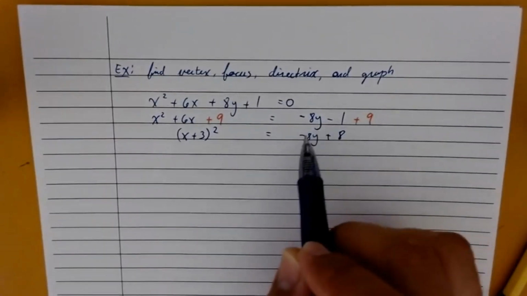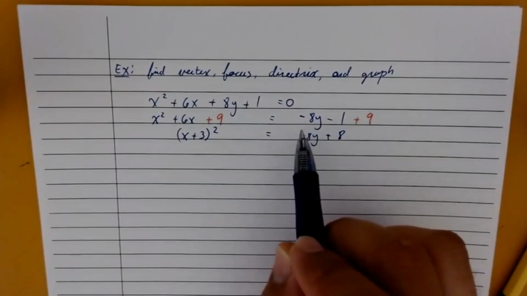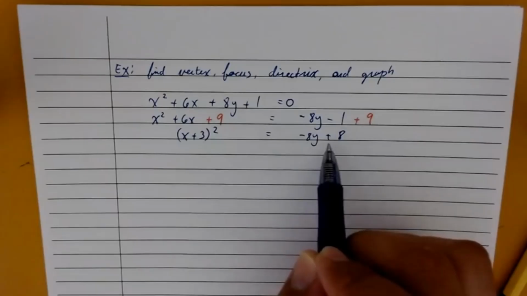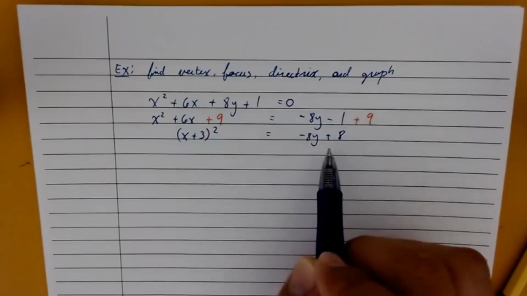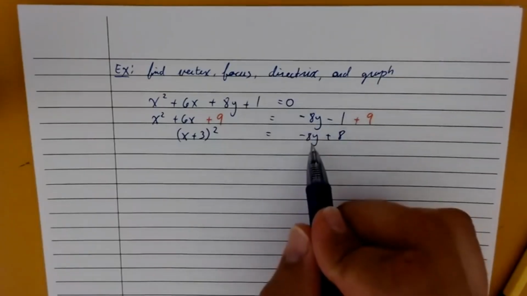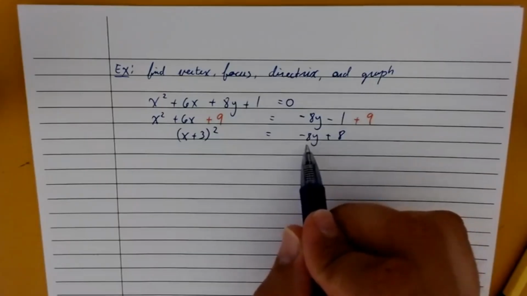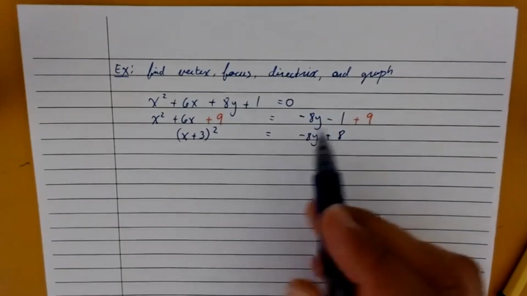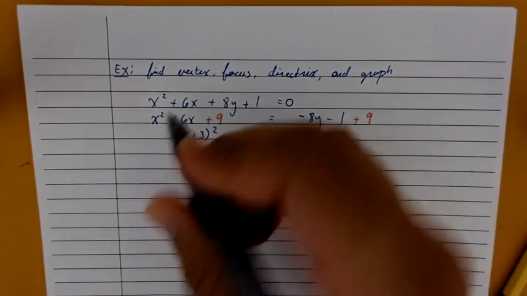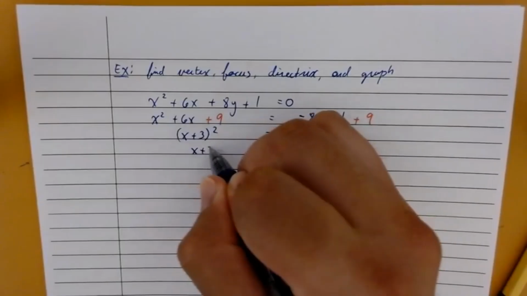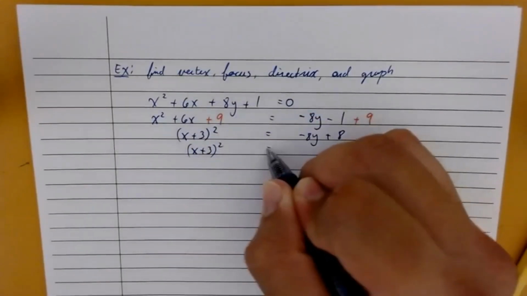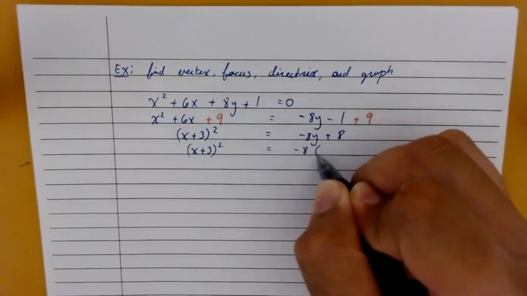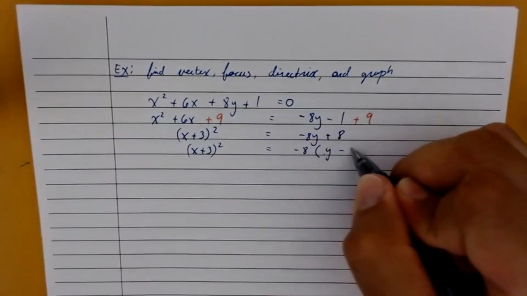Notice that this is supposed to be 4 times p times y, either plus or minus a number. Well, that's not quite what this is. Oh, but it can be if we factor out. All I have to do is factor out that first number. I can factor out a negative 8 from these terms, which will give me x plus 3 squared is equal to negative 8 times y minus 1.